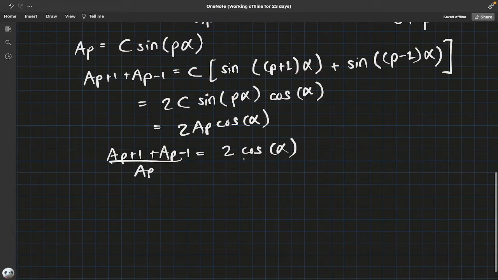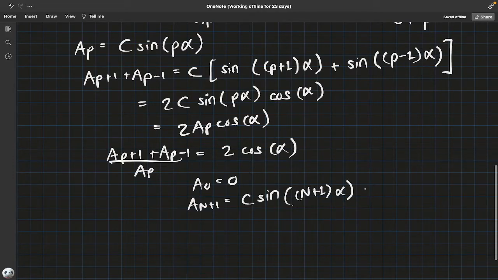And now we can impose boundary conditions. a sub 0 is 0. And we had this form. So if you plug in 0 in place of p, this is just trivially true because sine of 0 is 0. So that doesn't really help us. a sub N plus 1, so that's C times sine of (N plus 1) alpha, equals 0, which means alpha times (N plus 1) equals n pi, where n is some integer.